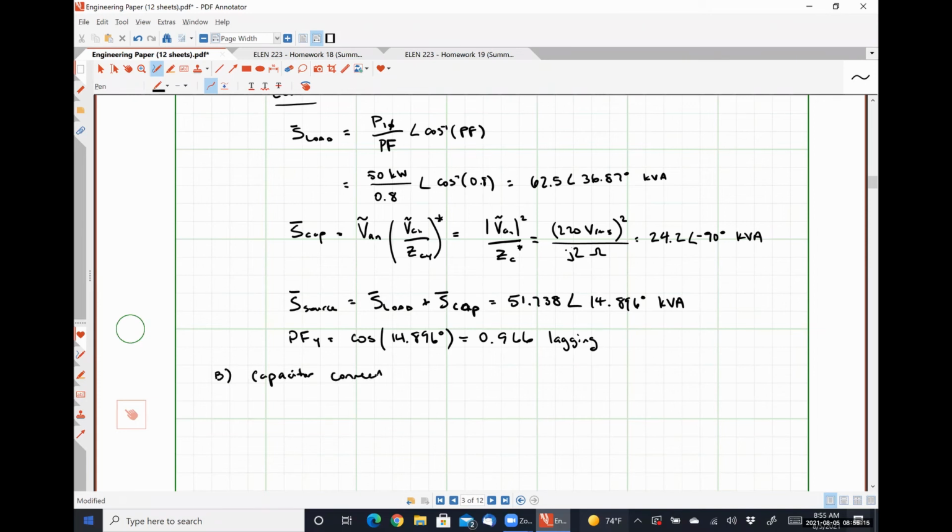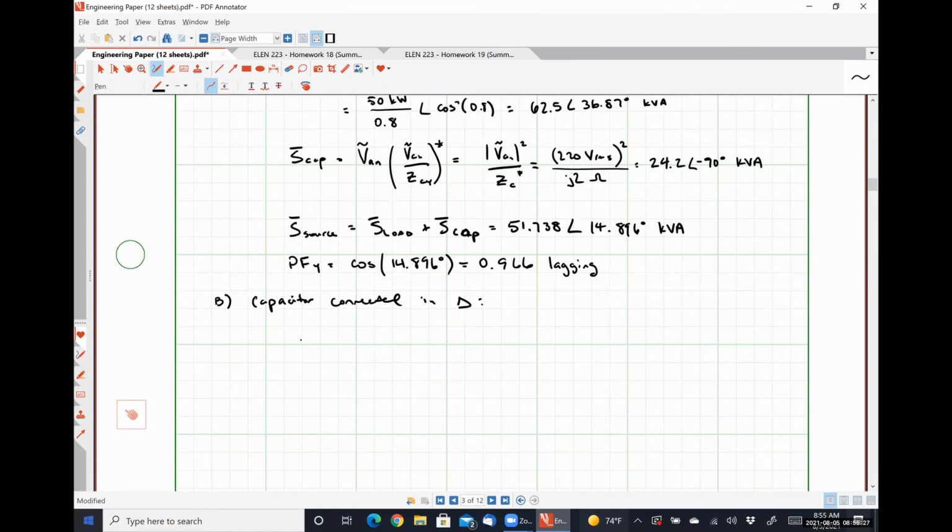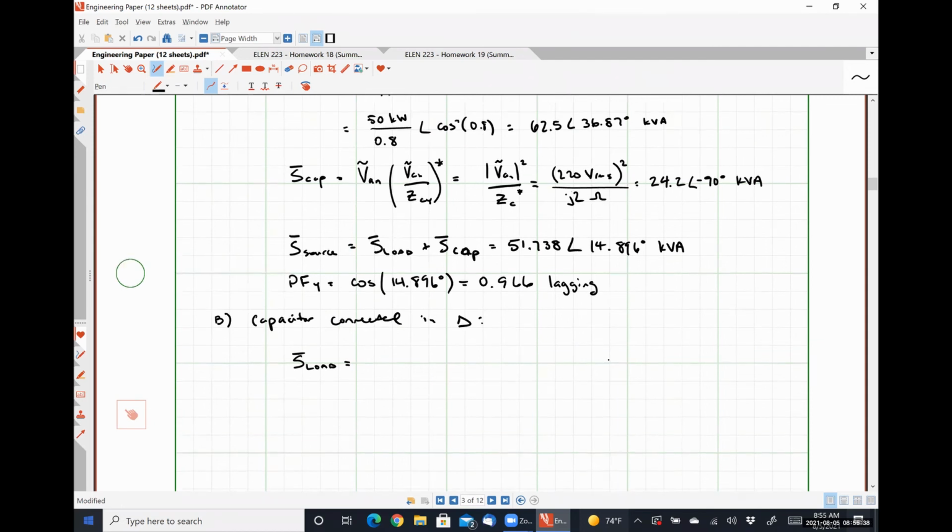Part B, capacitor connected in delta. Does our complex power absorbed by our load change at all? No, not even a little bit. So that's still going to be 62.5 with an angle of 36.87 degrees kilovolt amperes.